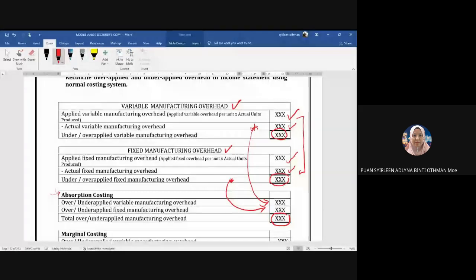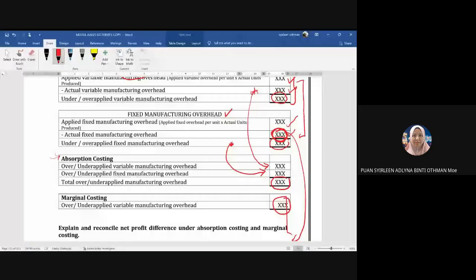Okay, itu kalau absorption. Alright. Kalau marginal, marginal is easy sebab marginal kita hanya adjust variable saja. So bila you buat ni, nilai you dapat tu, nilai itulah you akan pindah ke sini. So bila you adjust nanti dalam statement, okay, itulah nilai dia yang you akan bawa.